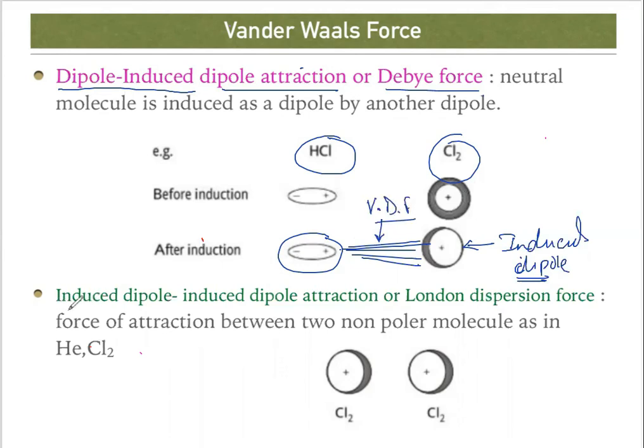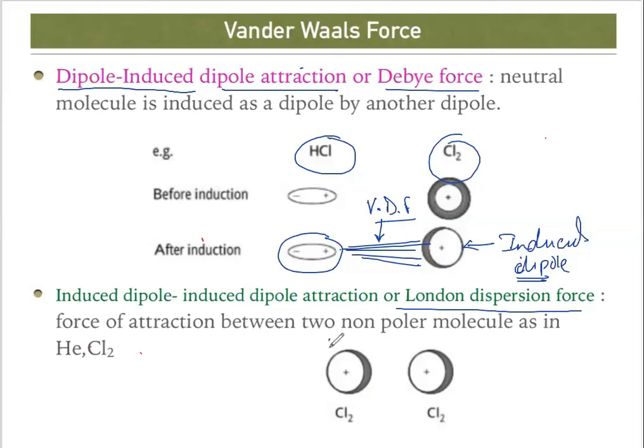Next, we'll discuss the third point, induced dipole-induced dipole attraction, which we will call the London dispersion force. So what is this force? The force of attraction between two non-polar molecules. As we already know, Cl2 is non-polar, right? And another Cl2 is non-polar. So what happens if we put this Cl2 near the other? This negative electron charge is going to be attracted to this positive charge.